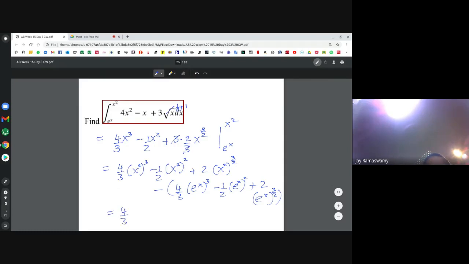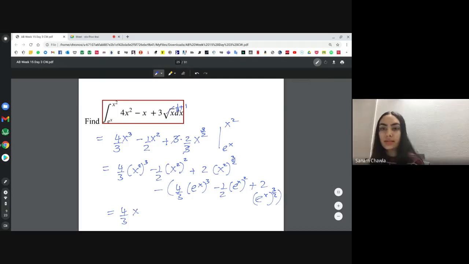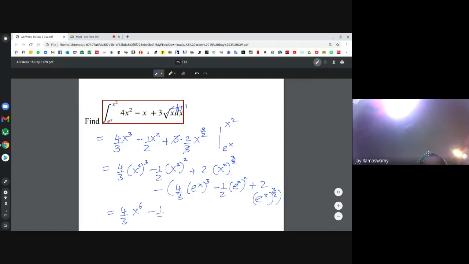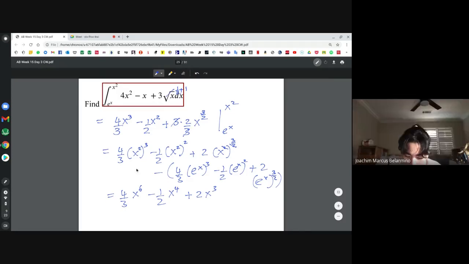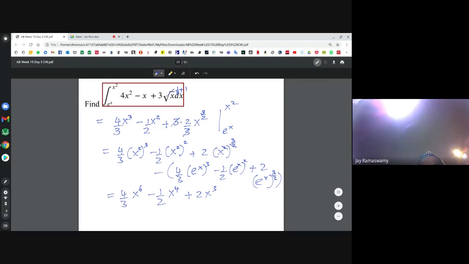What's x squared cubed? Hint, you multiply powers. x to the 6th. Next one, x to the power of 4. What's 2 times 3 halves? Will the 2's cancel? Yes. x to the power of 3, x cubed. Now I'm opening up parentheses and multiplying and raising powers.